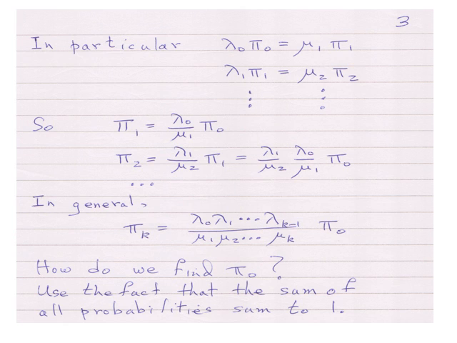In a similar way, we can solve the second equation and get essentially the same results with just the subscripts moved a little bit. We get the result that pi 2 is lambda 1 over mu 2 times pi 1, but we already know pi 1. So if we substitute for pi 1, we get lambda 1 over mu 2 times lambda 0 over mu 1 times pi 0.